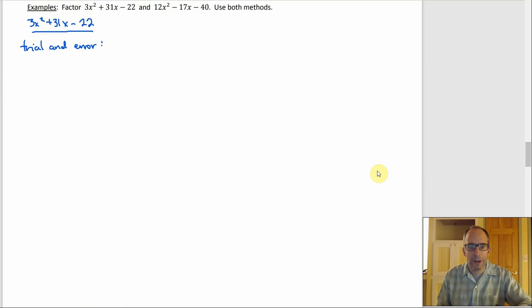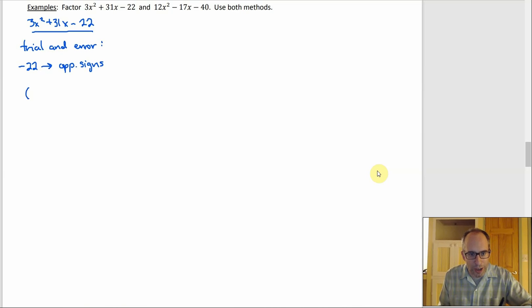We can still use the fact that if the constant is negative, then m and n, so to speak, have to have opposite signs. So we can still use that. And negative 22 would lead to opposite signs. And then we basically just have to start trying stuff, right?